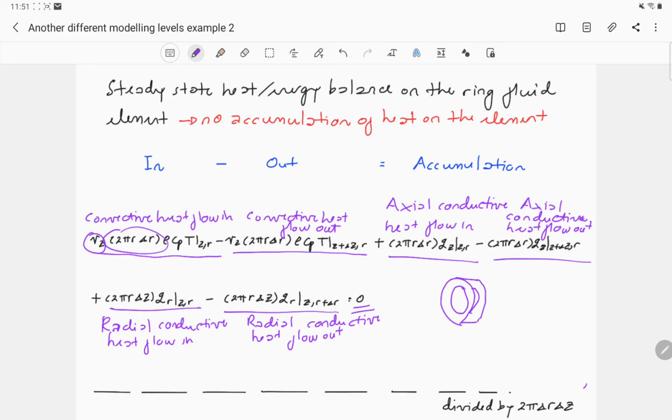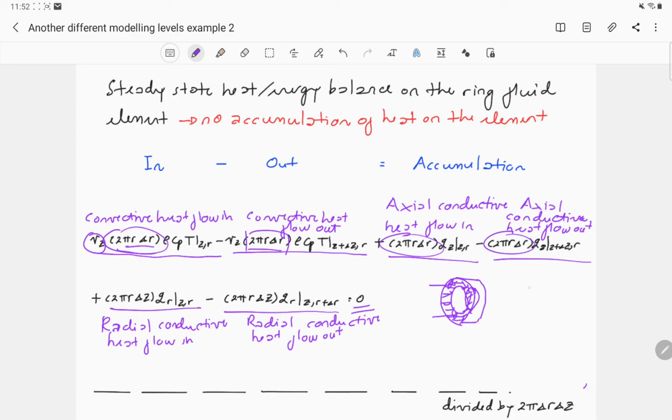Since the conductive heat flow in here operates in this particular direction, the area that we are interested in is this particular area. So this particular area is 2 pi r delta r. Okay, the convective heat flow out also has the same area here. Okay, the axial conductive heat flow is also the same area, again the same area.